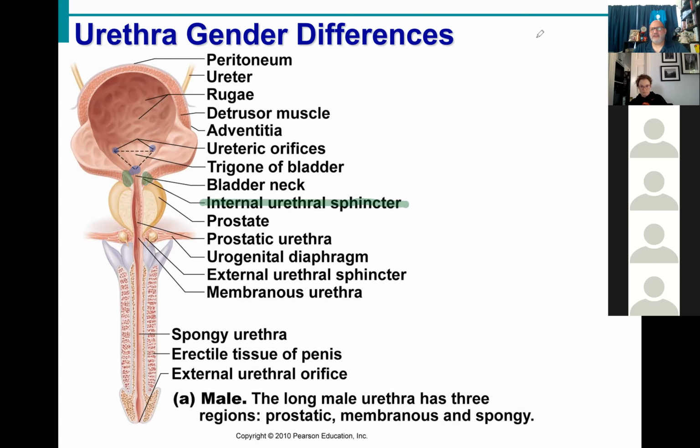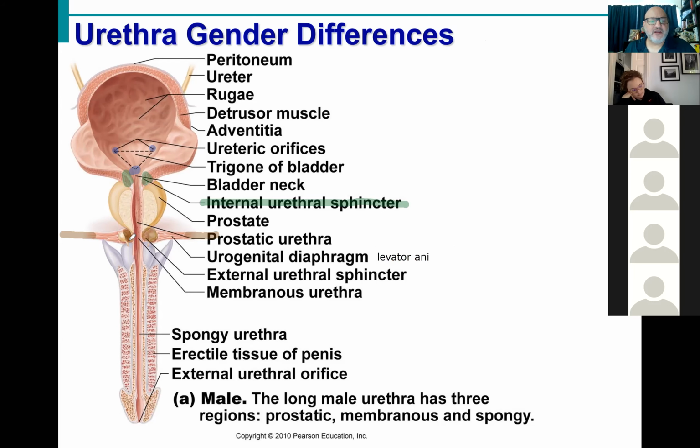And notice again, the urethra has to pass through the urogenital diaphragm, the levator ani muscle, and as it passes through the levator ani muscle, there is an enlarged circular area.